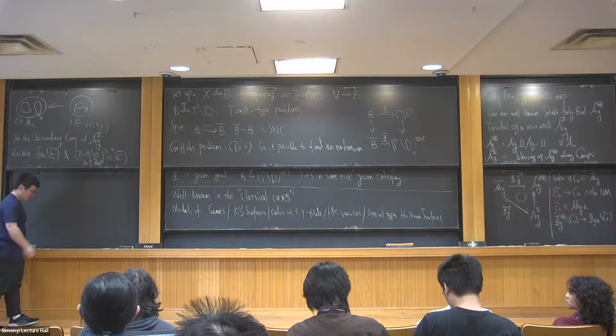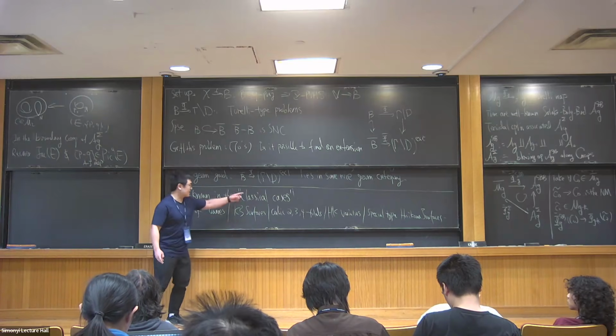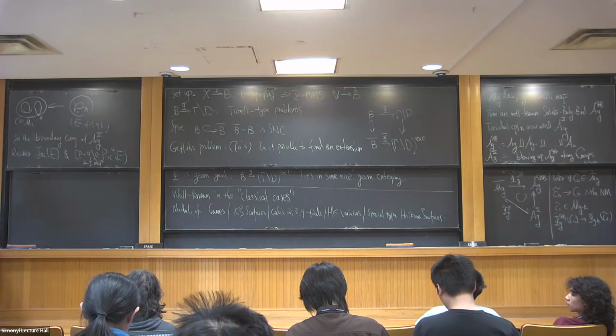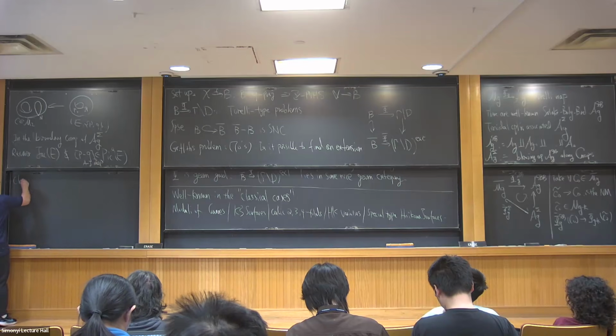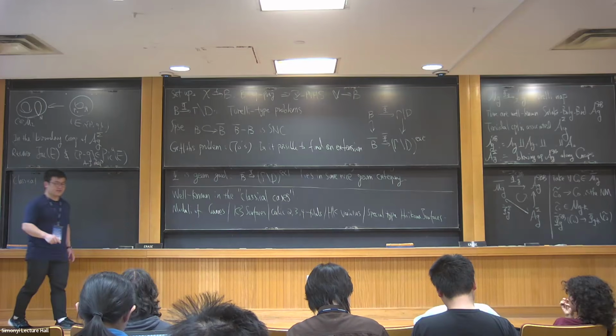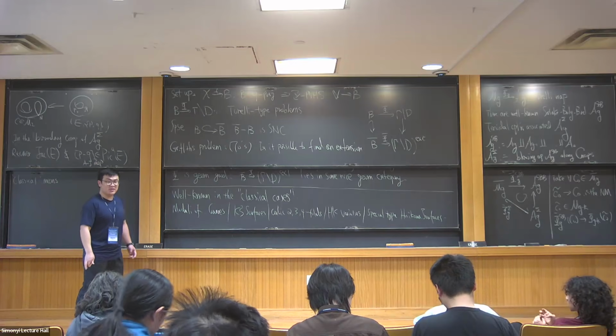So what about the non-classical case? Because previously I was saying these are in the classical cases. So now I'm ready to establish the precise meaning of classical versus non-classical. Classical means if you have a moduli of certain varieties, you construct the period map to some quotient of the period domain.